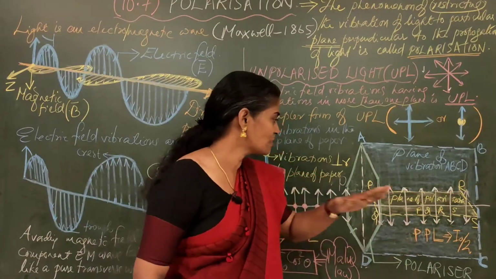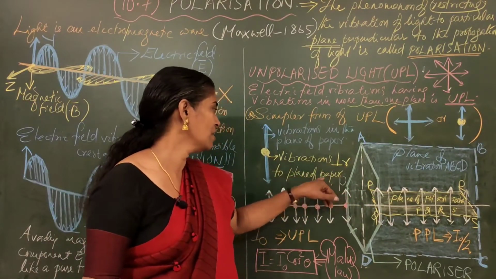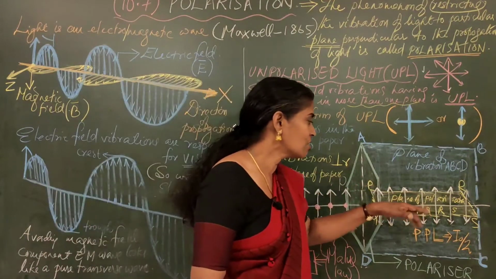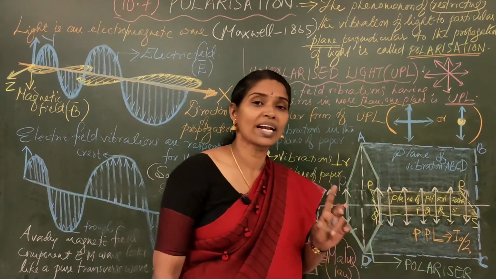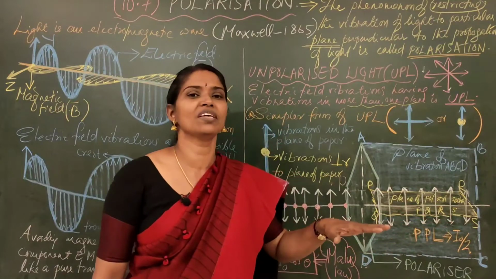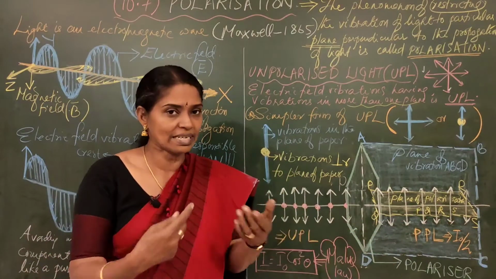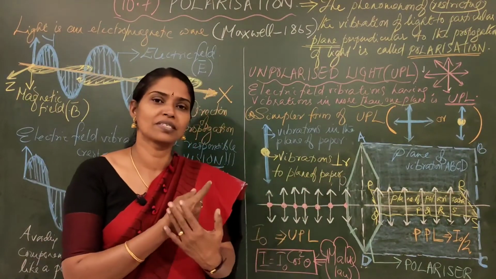But the vibrations perpendicular to that plane, please note the colors: this is yellow, perpendicular to the plane of blue, that is known as the plane of polarization. In the plane of polarization you don't have any vibration. Polarized means restricted. So vibrations perpendicular to the plane of the paper are restricted.